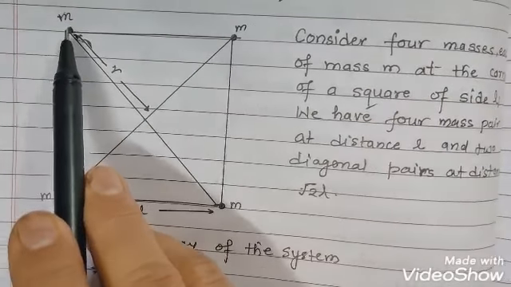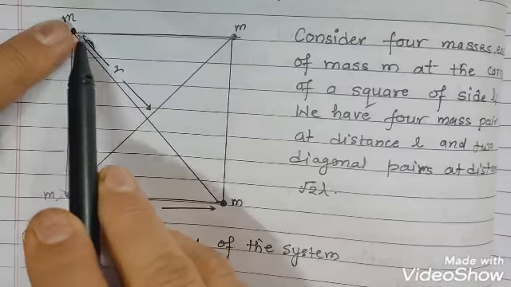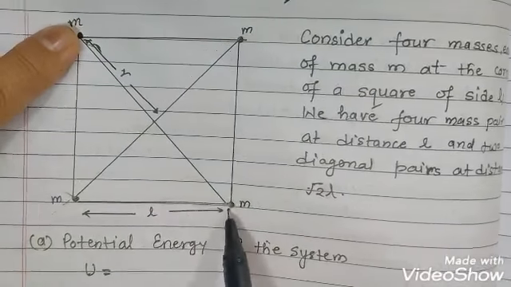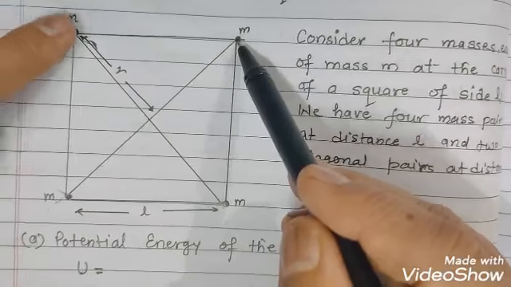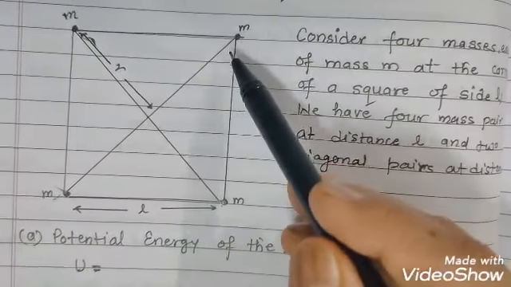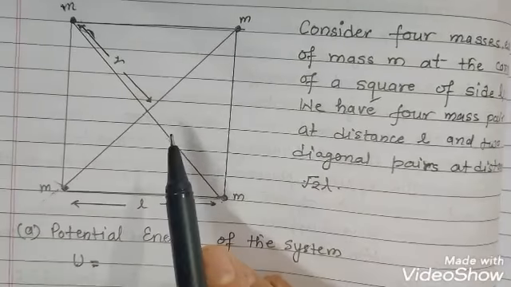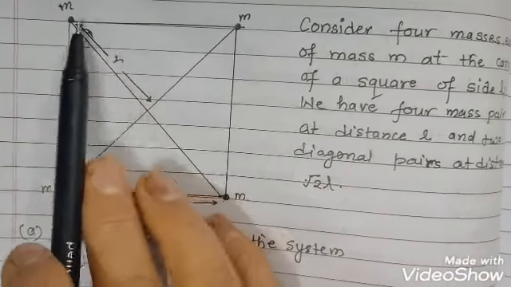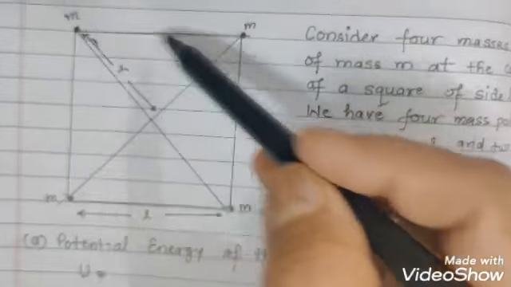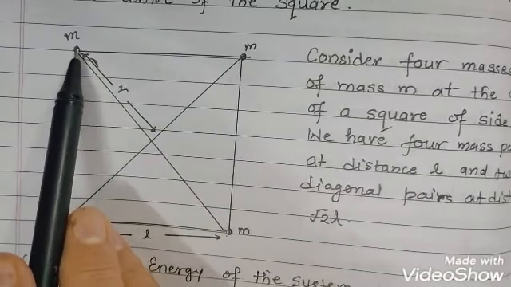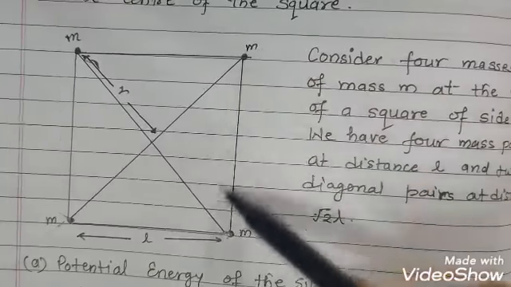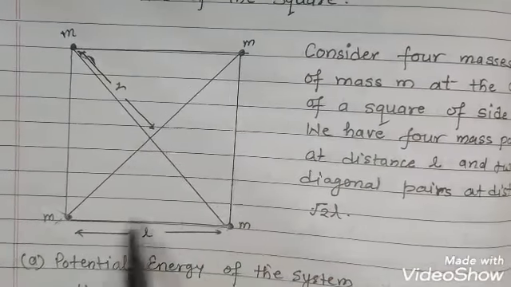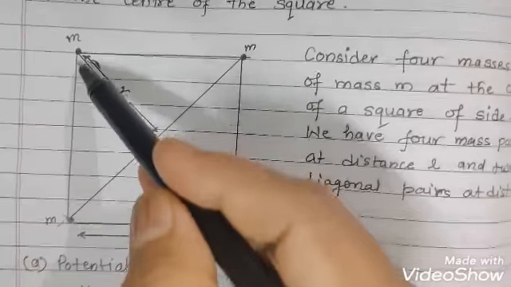This mass is attracted with this and this also. So this mass is also attracted with this and this also. In a similar way, you will find we have 4 mass pairs at distance L. The potential energy you will find for this pair, then this pair, this pair, and this pair.